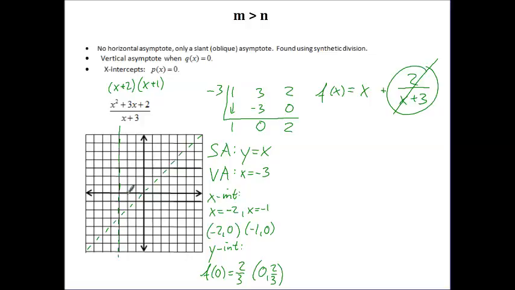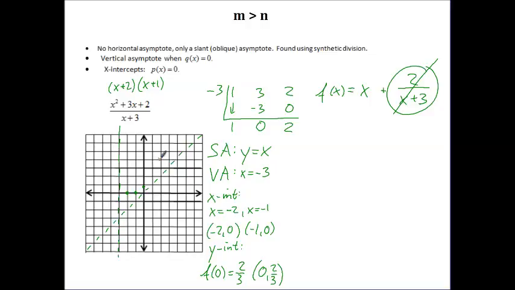Plotting our x-intercepts at negative 2, 0 and negative 1, 0, very close to each other, and our y-intercept at positive 2/3, so just under 1, which gives us a good idea of this part between these two asymptotes, but not so much about the other part of our graph.